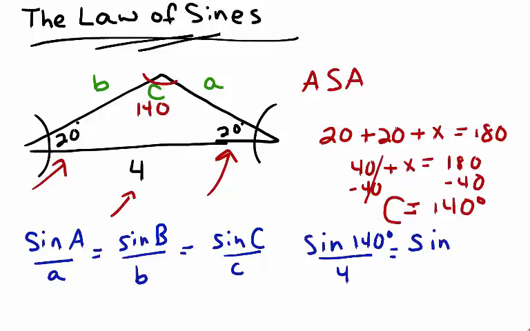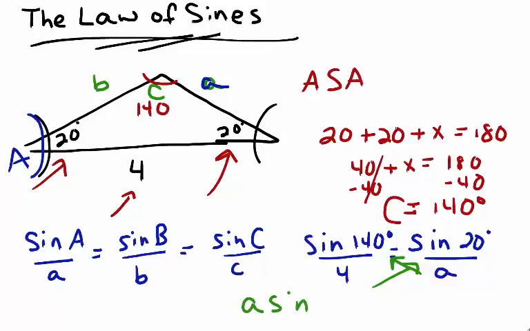So angle A is 20 degrees. So sine of 20 divided by side A. To solve for A, we'll cross multiply. So we have A sine of 140 equals 4 sine of 20.